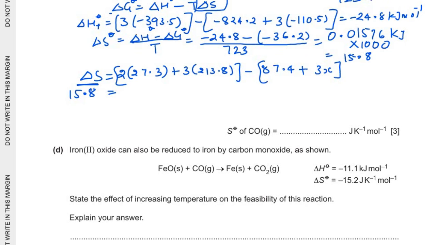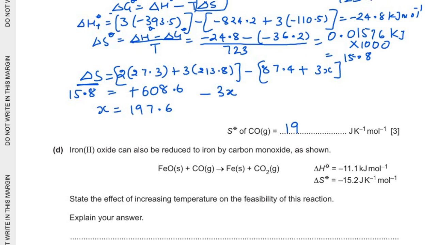So if we work out the value for 3x, then we get 15.8 equals positive 608.6 minus 3x. Right? So if we work out again, then we get the value of x as 197.6 joules per Kelvin per mole.